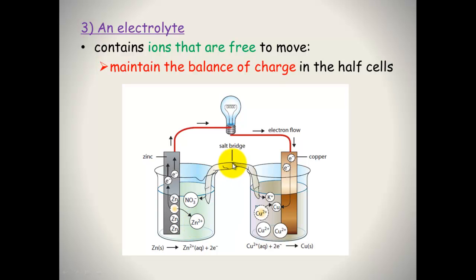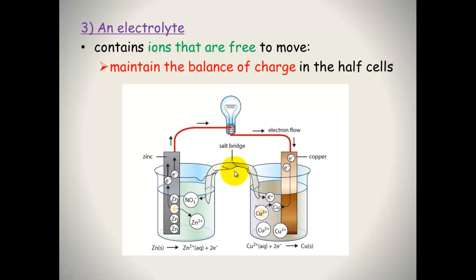What will happen is that negative ions in the salt bridge will come into this solution because they'll be attracted by the positive charge forming in that solution due to the build-up of Zn2+. The nitrate here will balance out that positive charge because you don't want to have a charged solution.